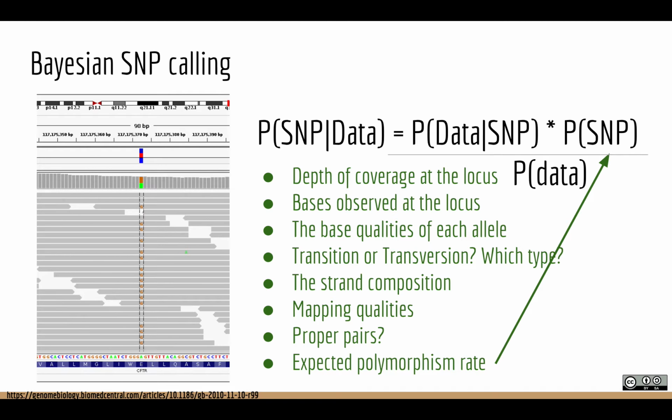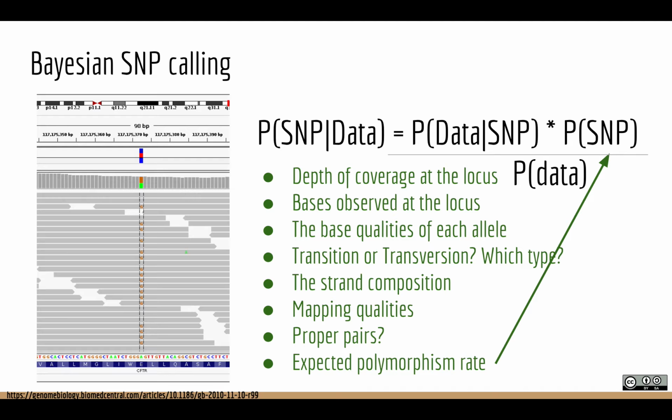So if it's low quality evidence for a transversion, it's probably going to be less inclined to call that variant than if it's similarly low quality data for a transition, because transitions occur twice as frequently. So this prior in the data will be inflated for transitions and deflated for transversions.